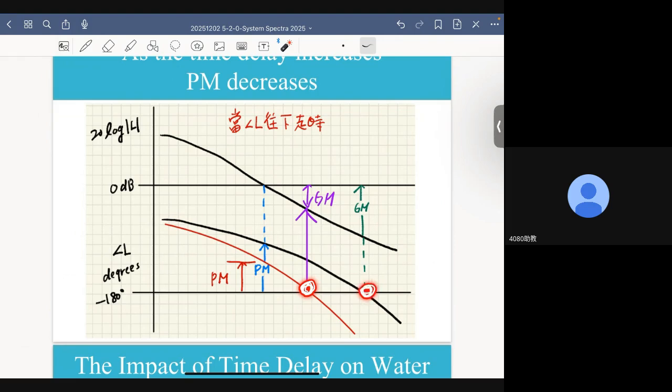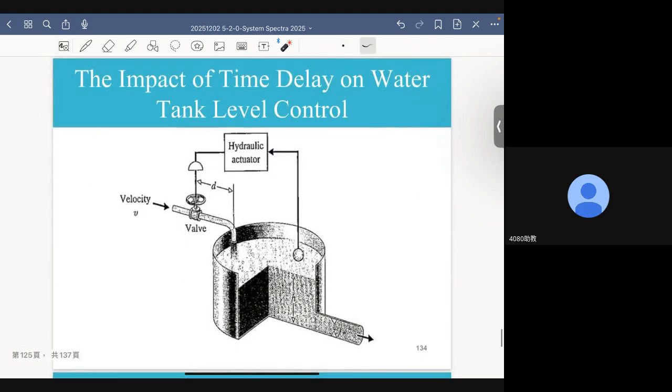Originally, this is the phase crossover frequency, and this is the corresponding gain margin. And due to the time delay, my phase crossover frequency becomes smaller. As a consequence, my gain margin will also become smaller, which again is an unfavorable result for system stability, all right? Now, this is another example of time delay.